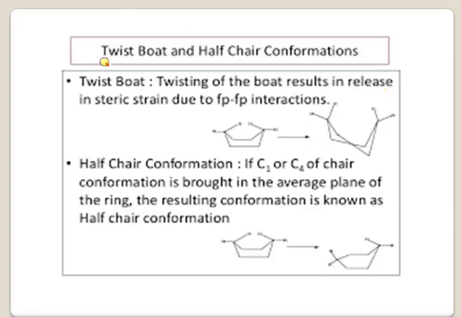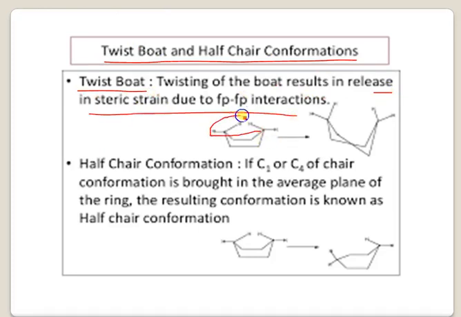So, twist boat and half chair conformation. Twist boat is a twisting of the boat, which results in a release of steric strain due to flagpole interaction. These carbon-carbon bonds are twisted, so the hydrogens are away from each other.